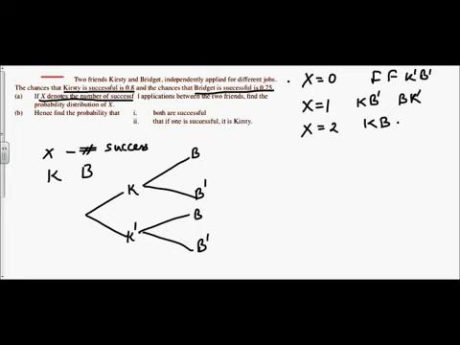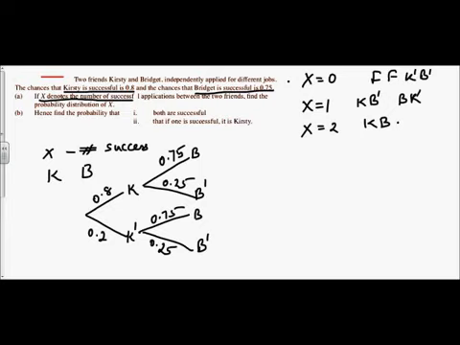Now it's given that Kirsty's success probability is 0.8 and Bridget's success is 0.75. So I can fill up the rest of the tree diagram. This is how we fill it up, because the total should be equal to 1. Each set of branches should give you a total of 1.